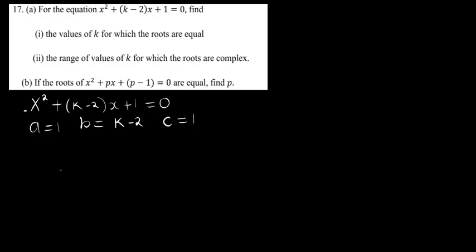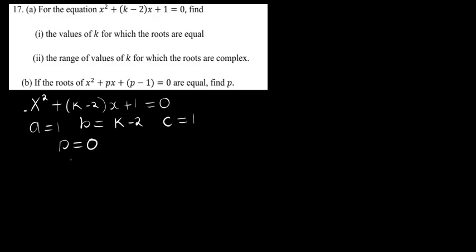Remember, the first question says, find the values of k for which the roots are equal. The point at which roots are equal is where the discriminant is equal to 0.